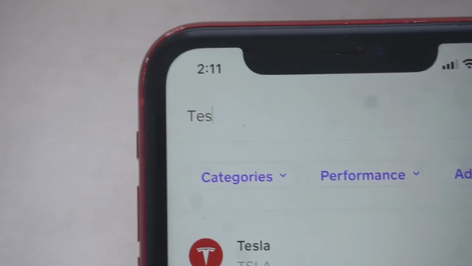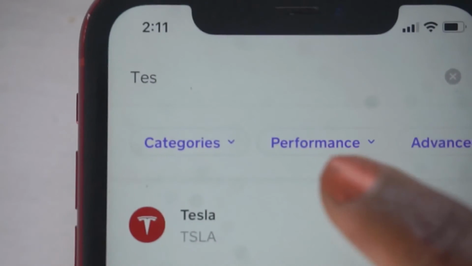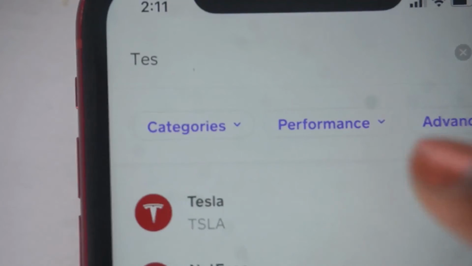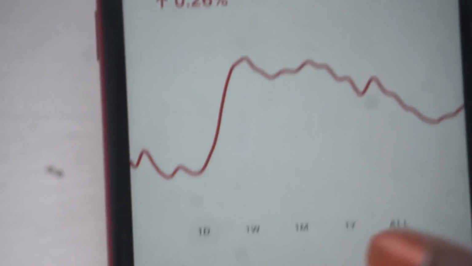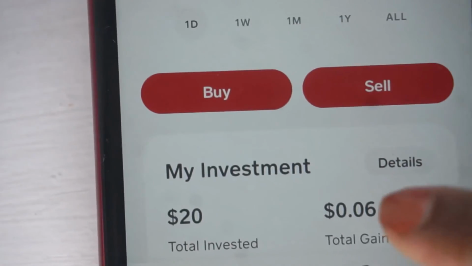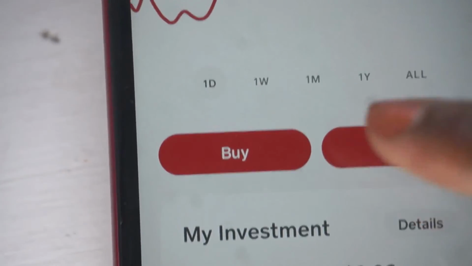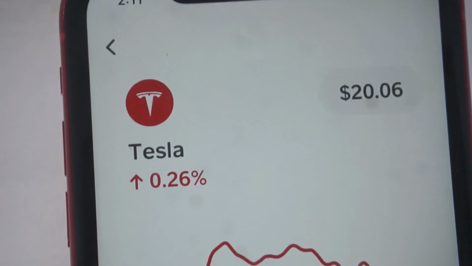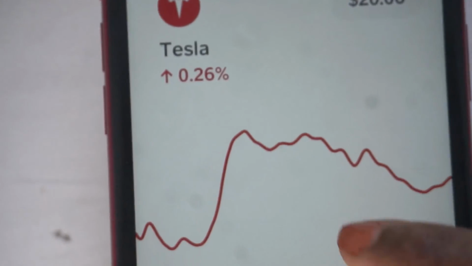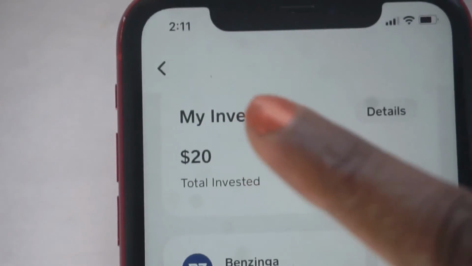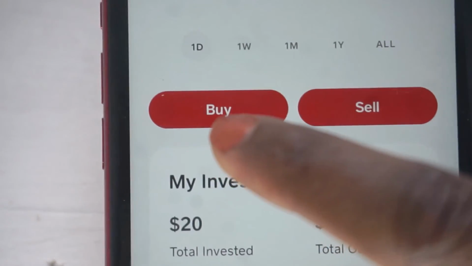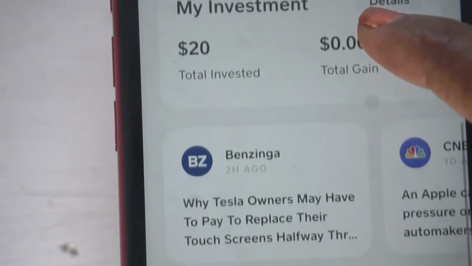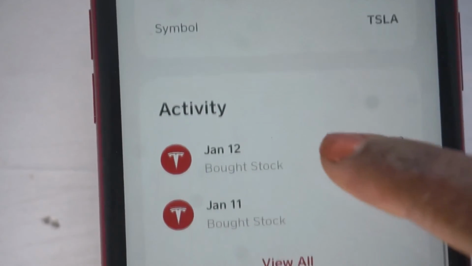So for example, if you like Tesla, you just click on Tesla, and you can see I bought like $10, I believe, of Tesla. This is what comes up on your phone. You can buy it just as you bought Bitcoin.